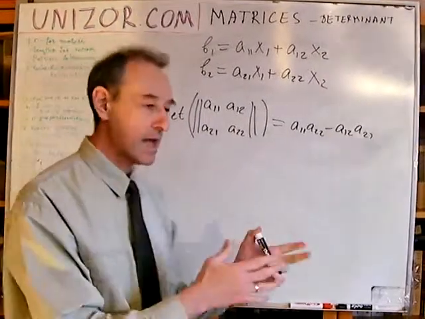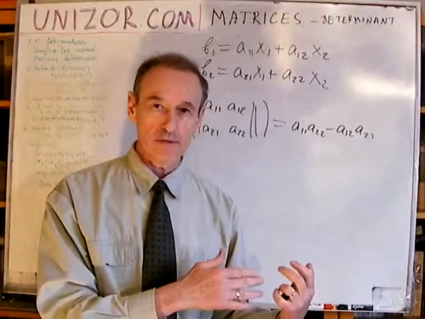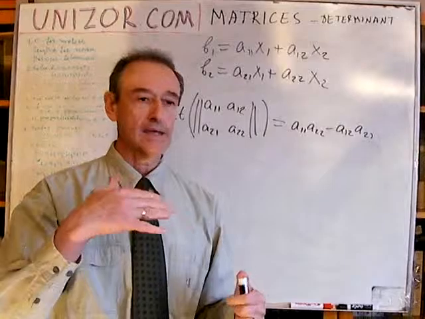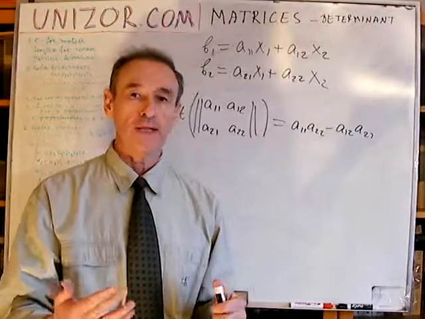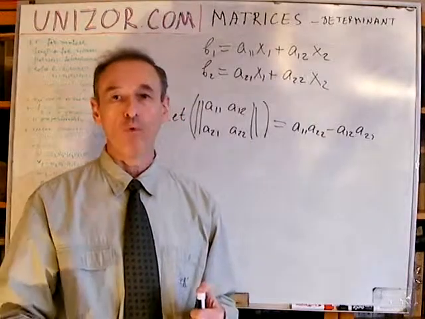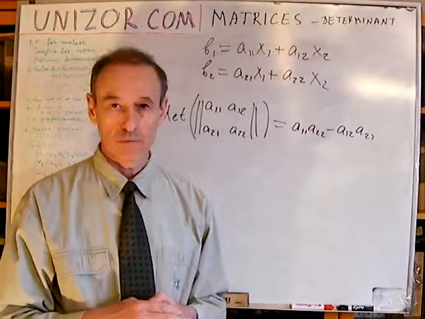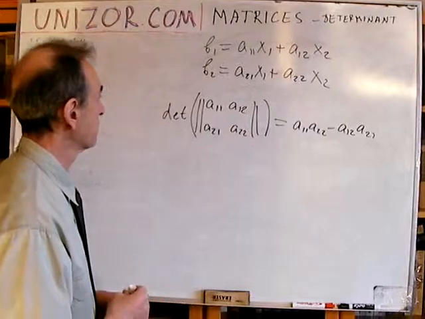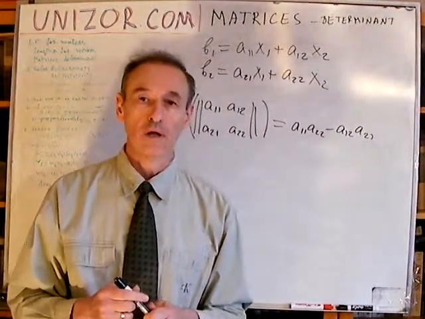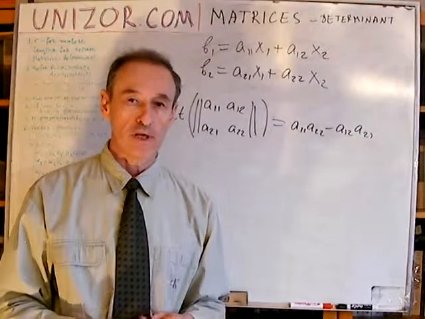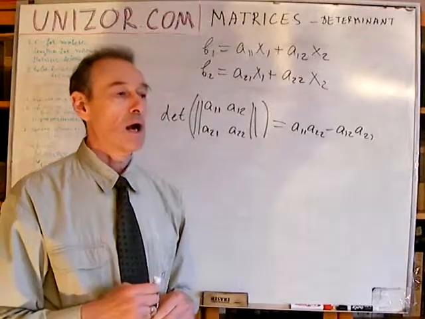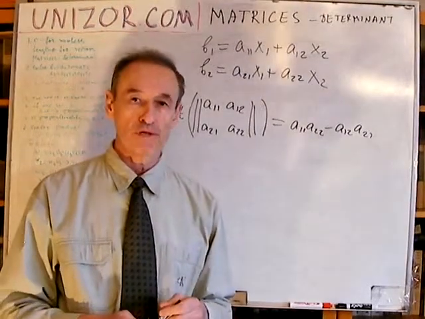So it plays exactly the same role for square matrices, and in this case it's a 2 by 2 square matrix, as the length of the vector plays for the vector, or absolute value plays for the numbers. And now, after I have introduced this particular numerical characteristic of a 2 by 2 square matrix, let's investigate the properties of this.